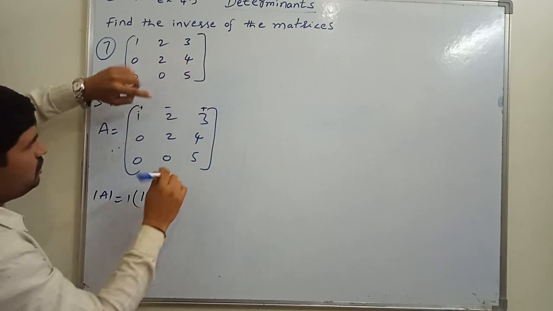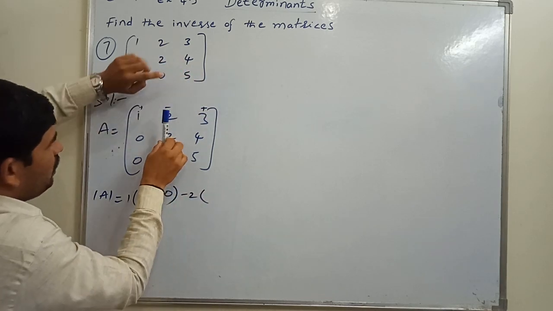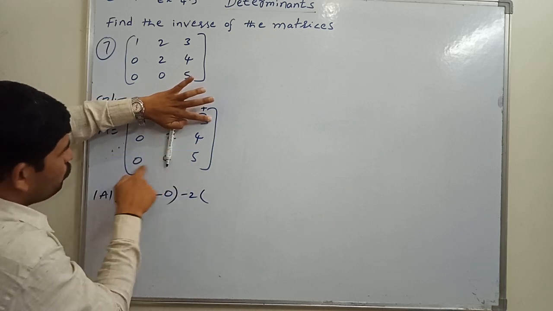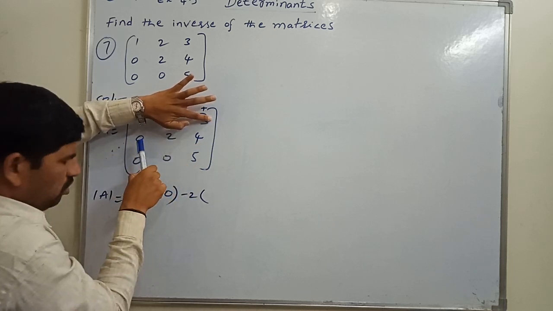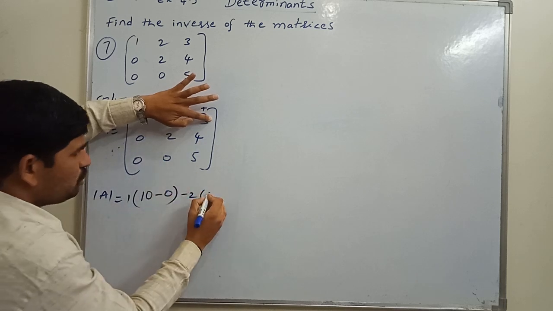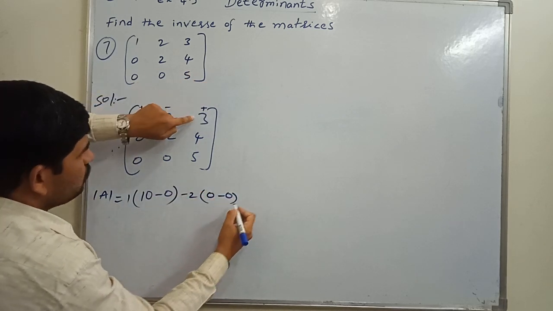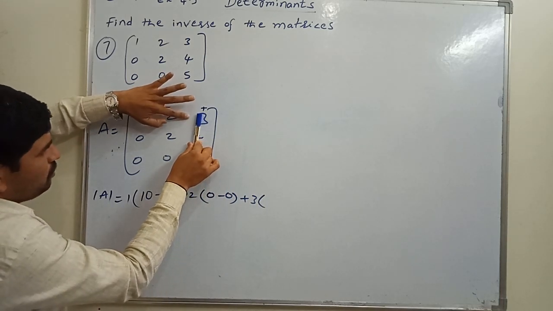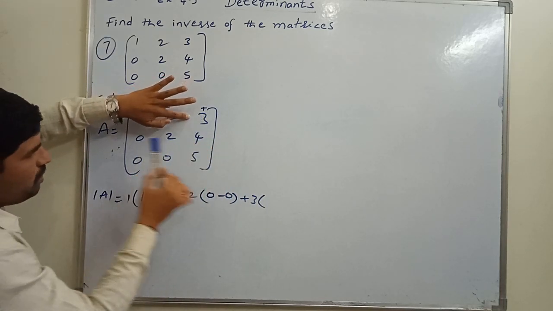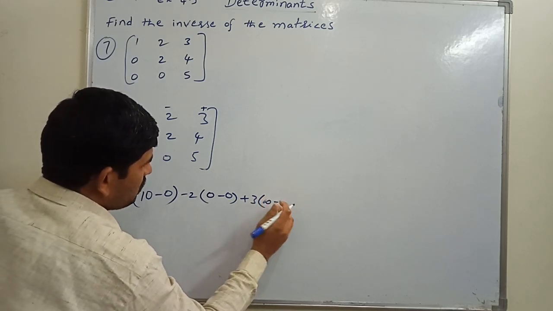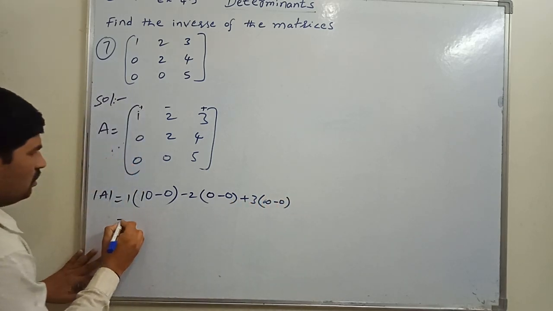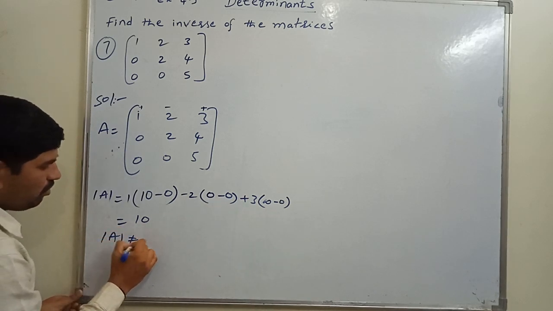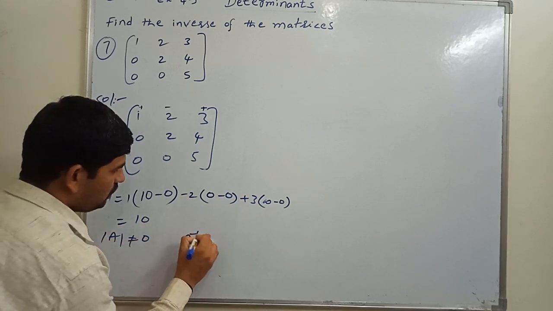Next one is minus 2 into, again cancelling the row and column, so 0 4, 0 5, cross multiplication is 0 minus 0. Final one is plus 3 into, again we have 0 minus 0. Finally we got the result 10, and the other terms are 0. So the determinant is not equal to 0, which means A inverse exists.